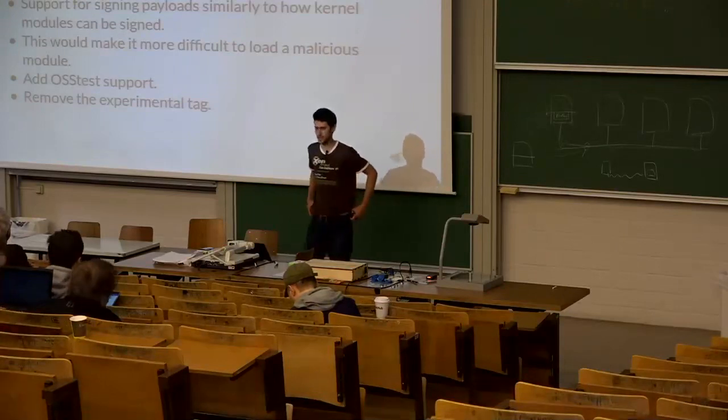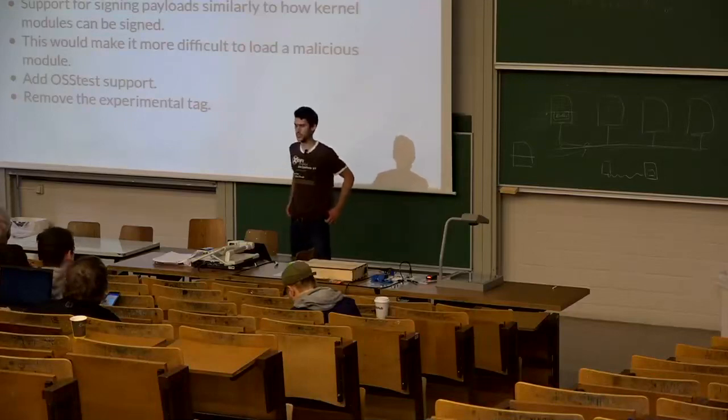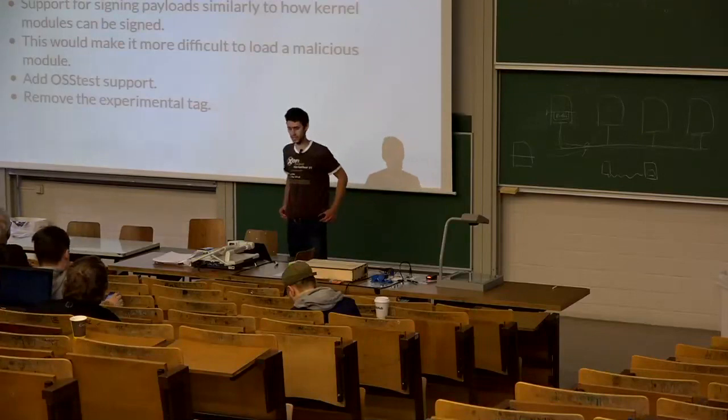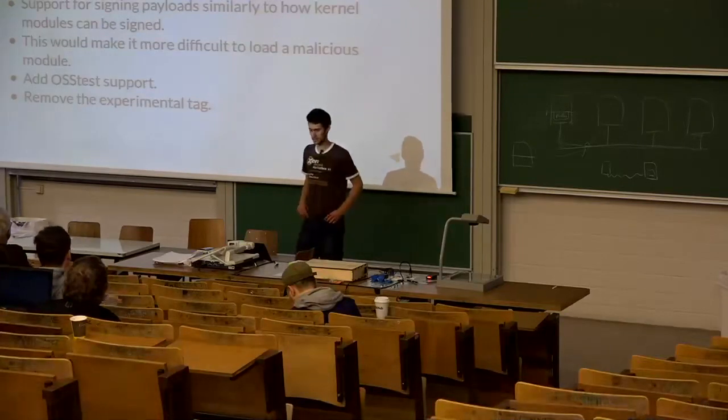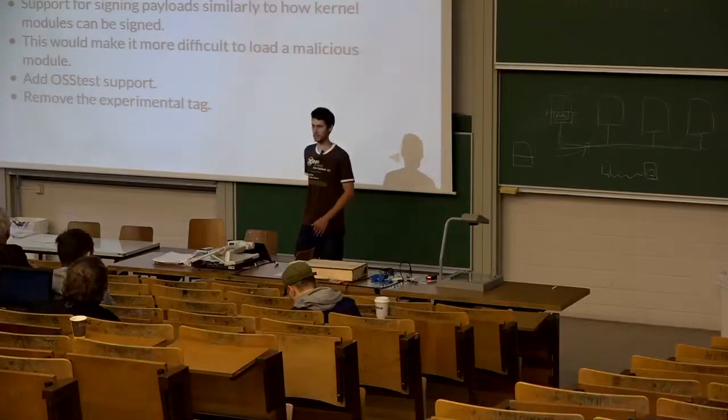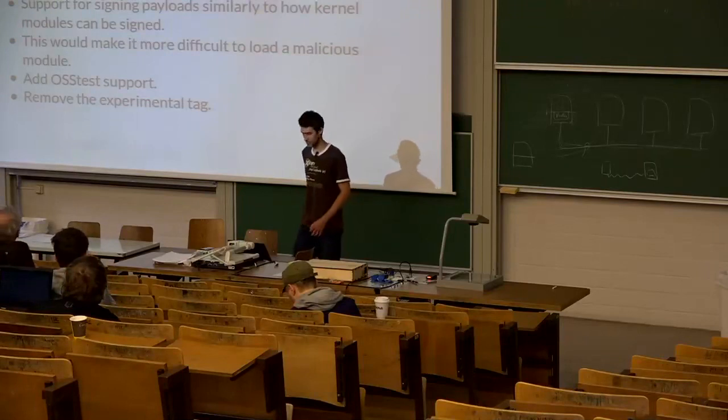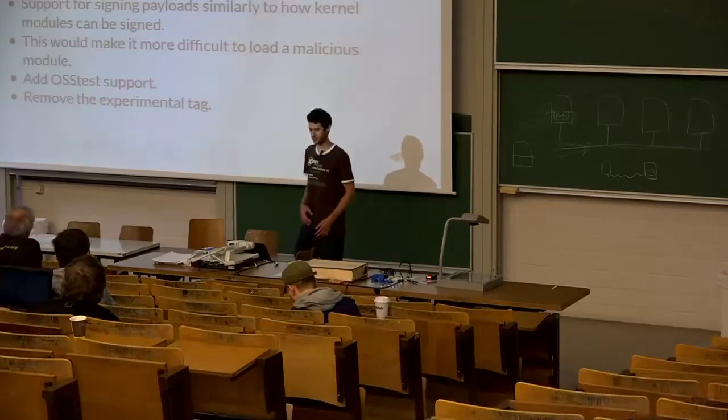Part of this work is adding it to the upstream OSS testing infrastructure. There are some patches on the list to do that, but I don't think they're complete yet. Once that happens, we'll be prepared to call it supported and done.